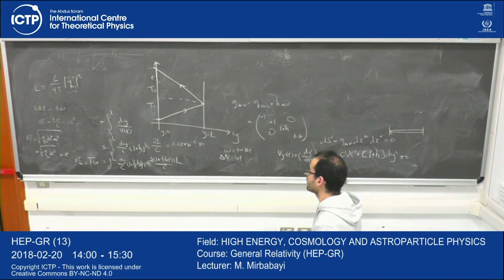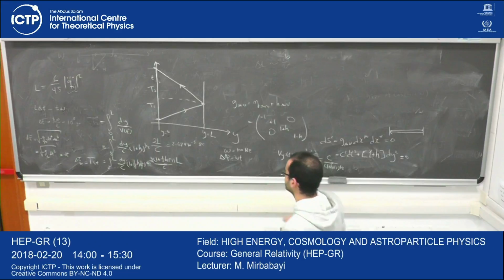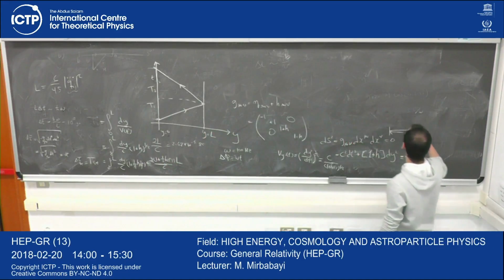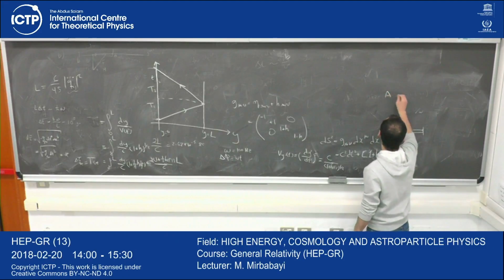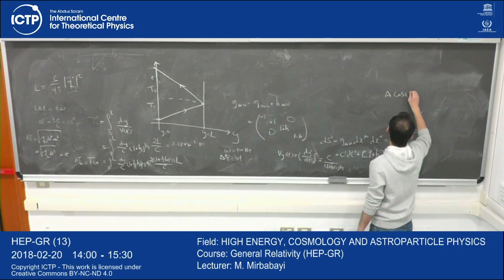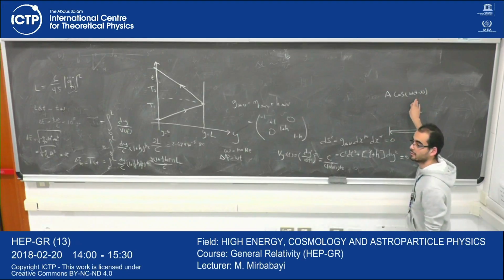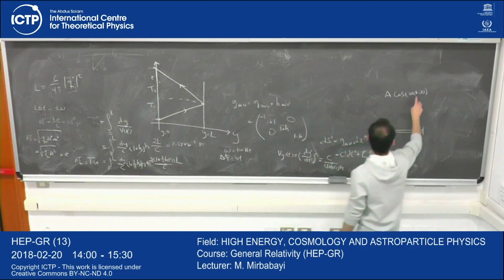Okay, but what I'm confused about, I will just plug in this formula for h, which is a cosine of omega t minus x. So what is this t?